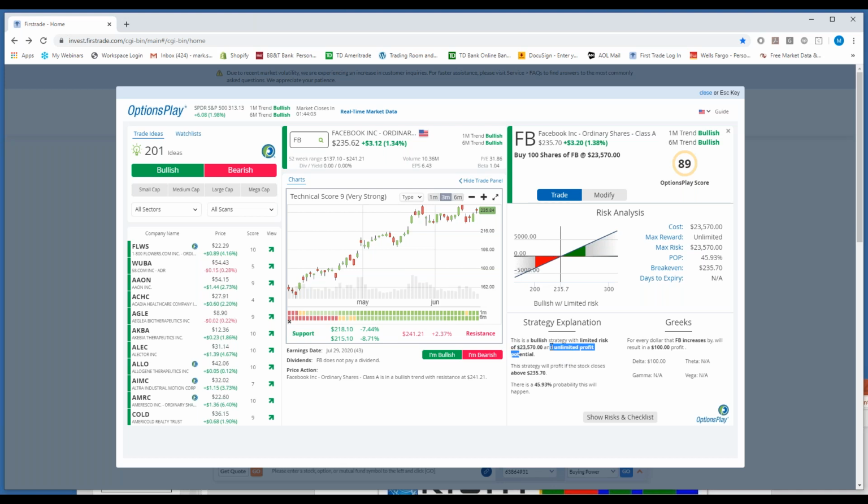You can lose $23,000, unlimited profit potential. If the stock closes at options expiration above 235.70, you're good. You have almost a 50% chance that this will happen. And for every dollar that Facebook increases, this is going to increase by $100 in profit.